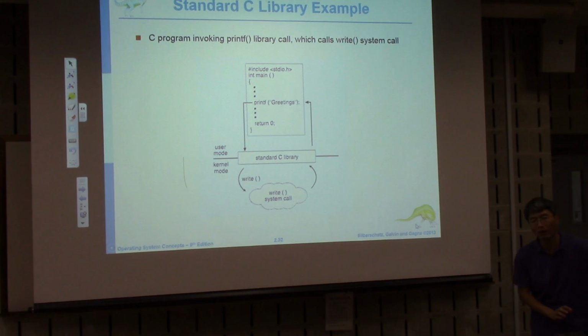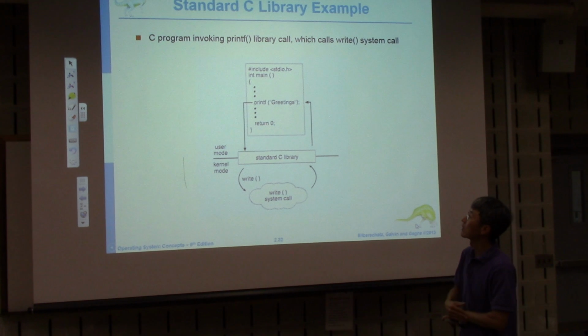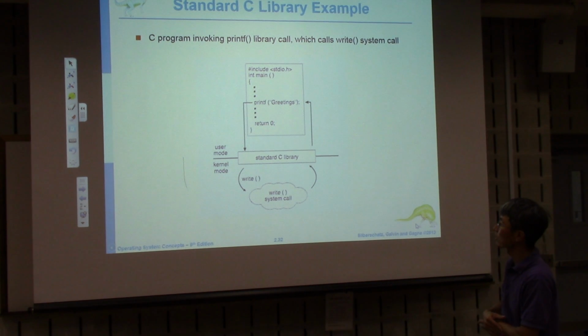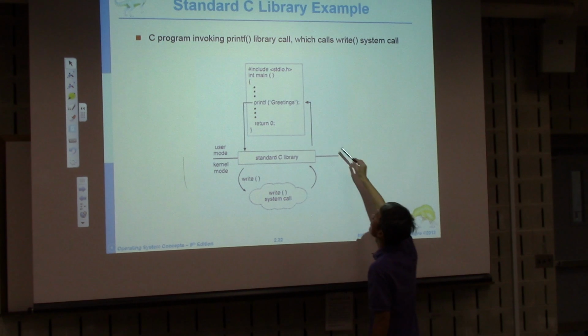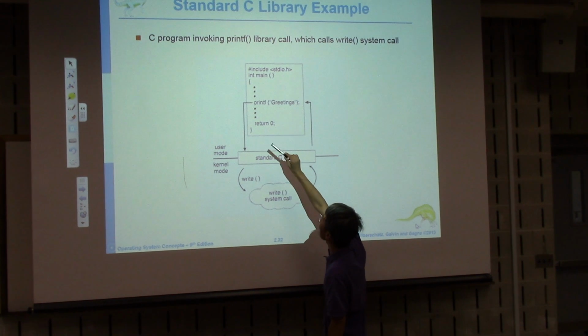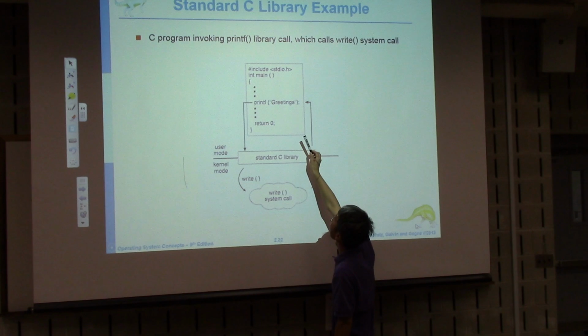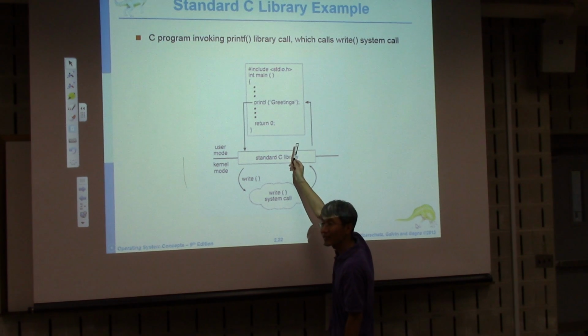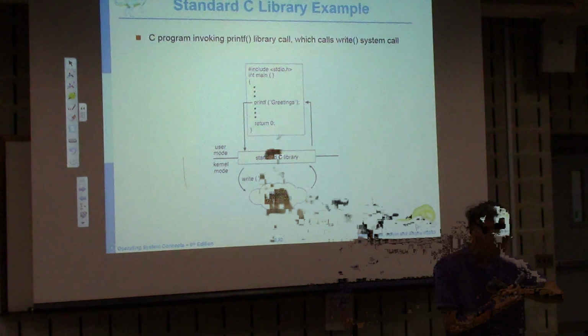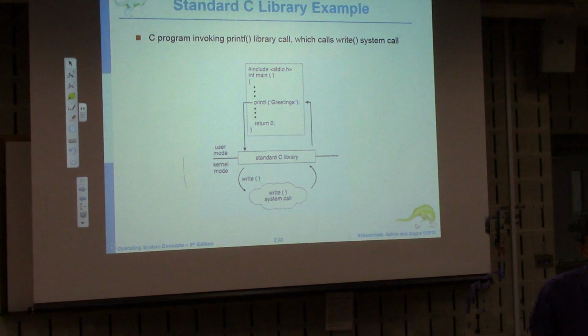This is an example of the C library and how it works using the system call. This is user mode, your user source code, and in your source code you want to use printf, the C library. That is a C library, not the operating system code.